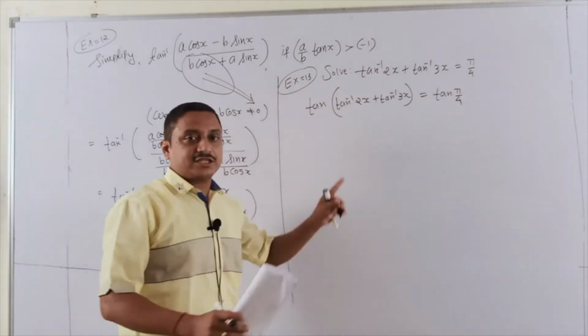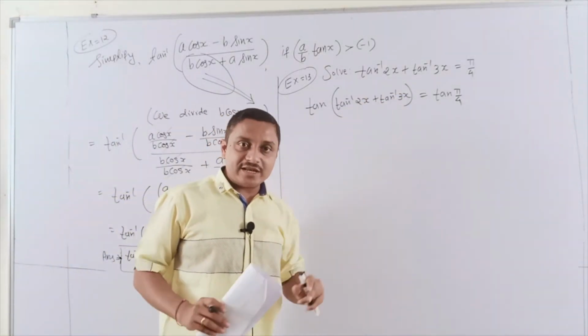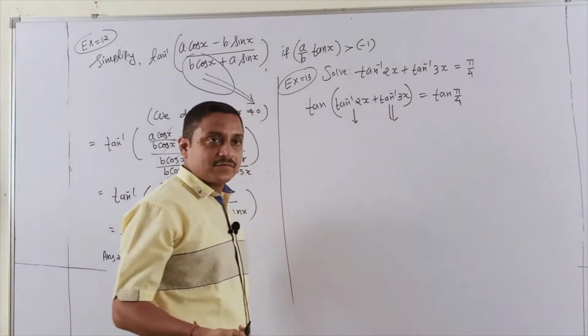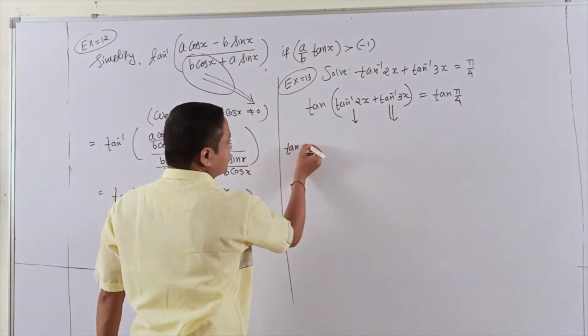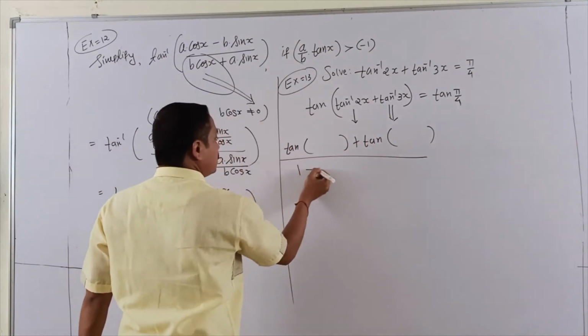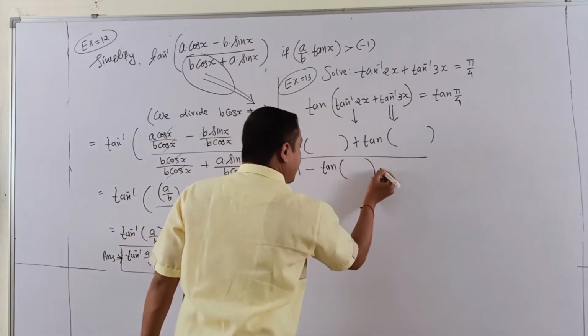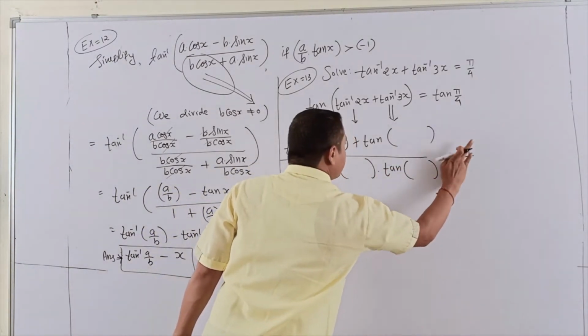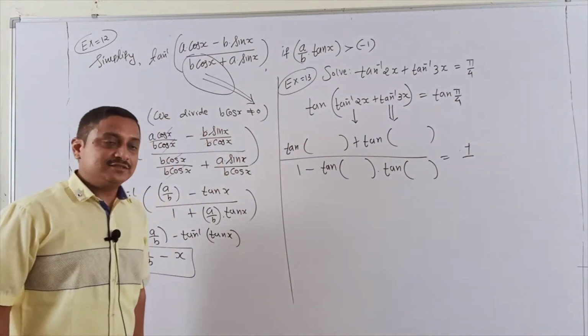Now we know the formula, students. Tan of alpha plus beta: consider alpha and then consider beta. So tan of first plus tan of second upon 1 minus tan of first value and tan of second value. And how much is tan pi by 4? It is 1.